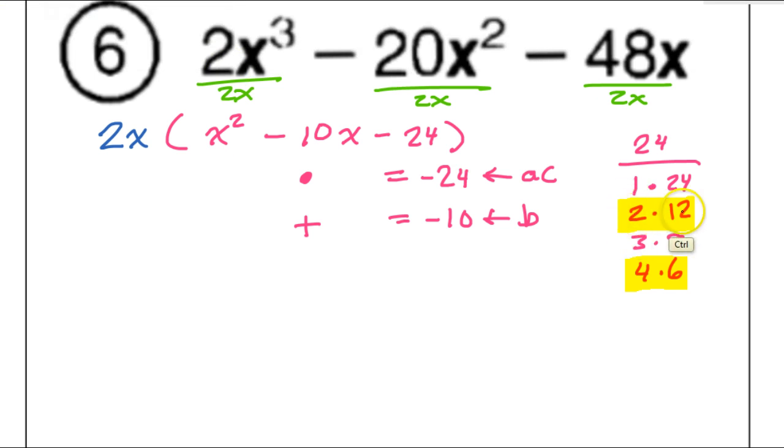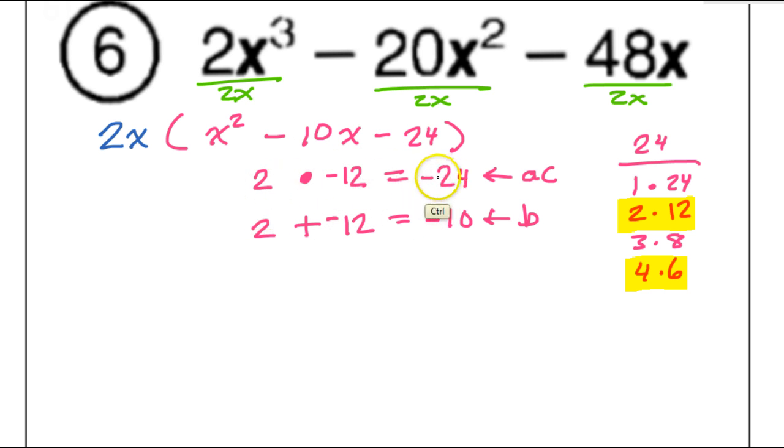If I do the 2 and the 12, the only way I'm going to get -10 is if I have +2 and -12. That would make a sum of -10. But then I have to use the same numbers for the product. So that +2 times -12. And guess what?